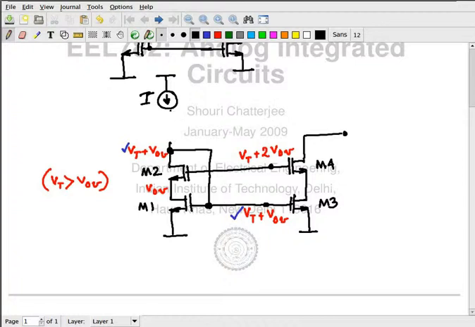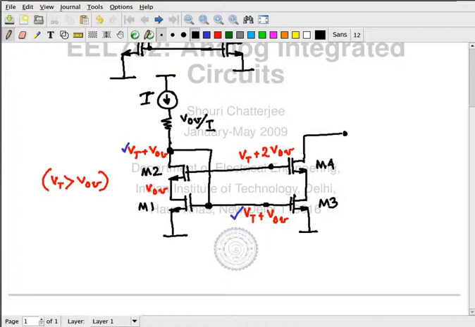What if I just put a resistor over there where I've drawn it, and I make it of a value of VOV by I?